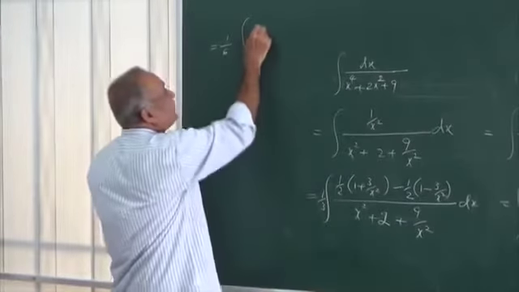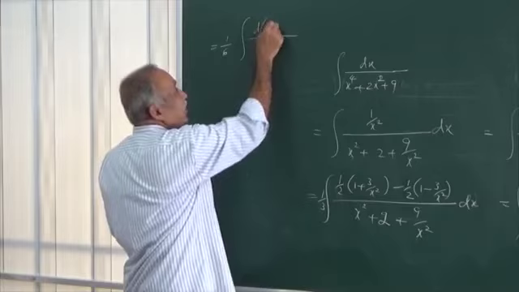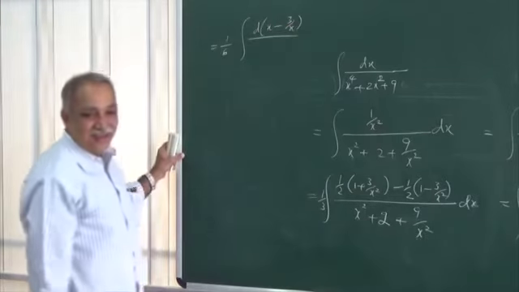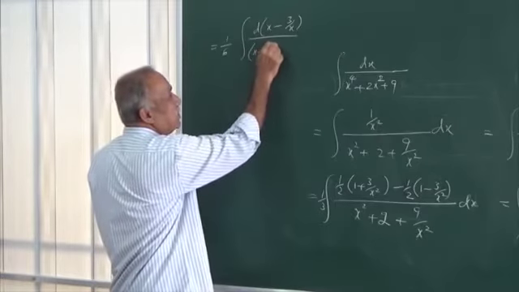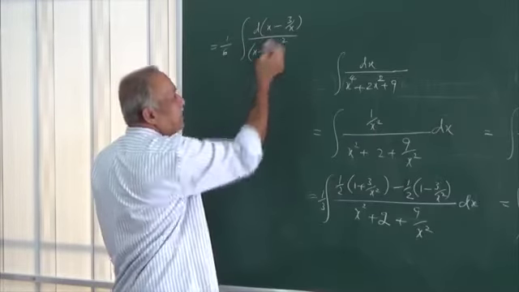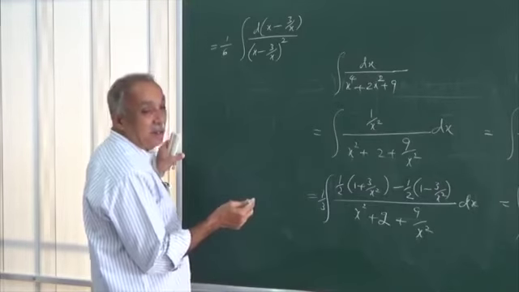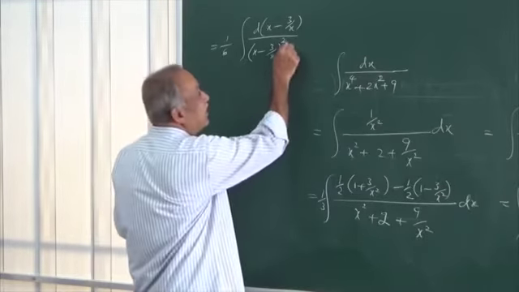Decomposition applied. The first part has a numerator that is the derivative of x minus 3 by x. We write the denominator also in terms of the same: x minus 3 by x, whole square, plus how much?